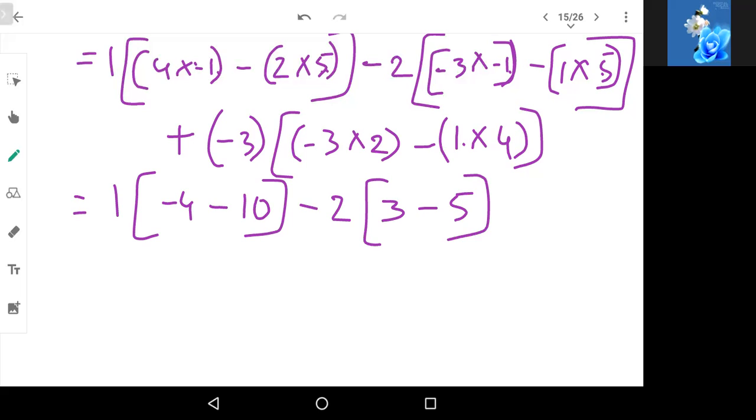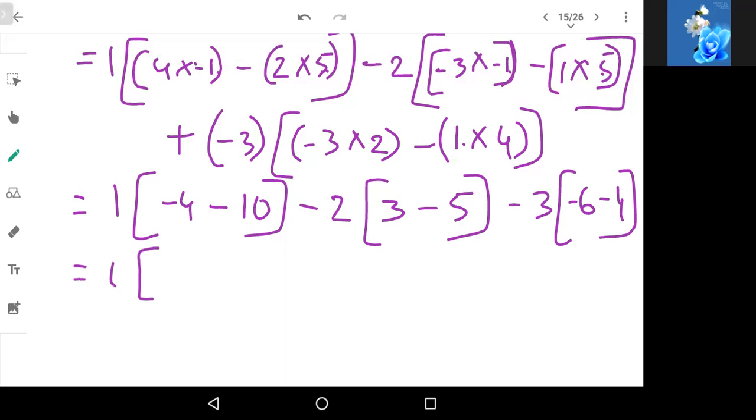Then again plus of minus 3 into minus 3 into 3 twos are minus 6, minus 4 ones are 4.